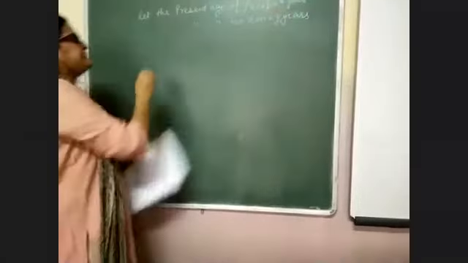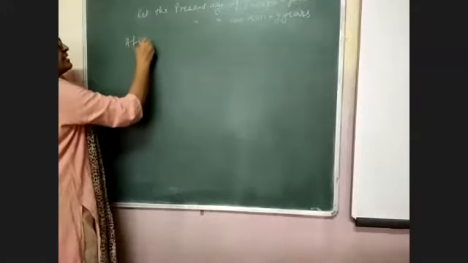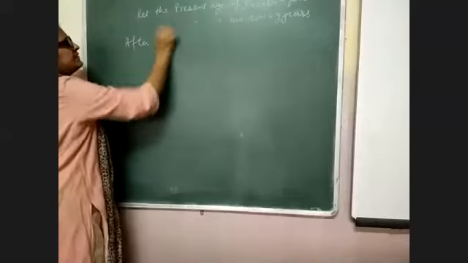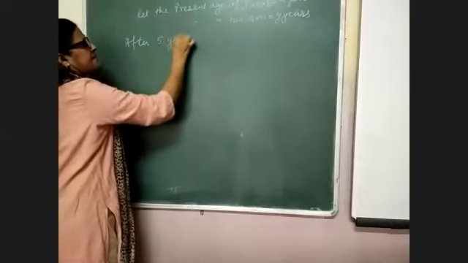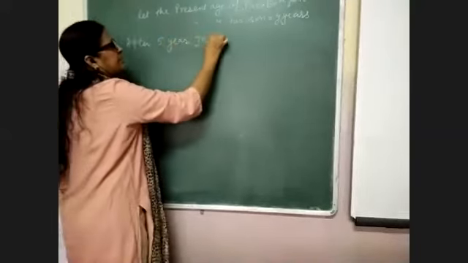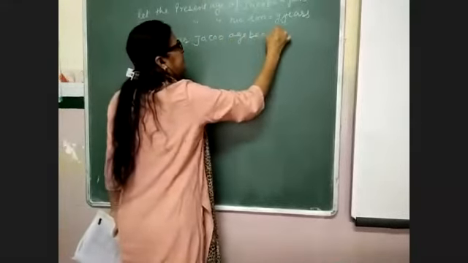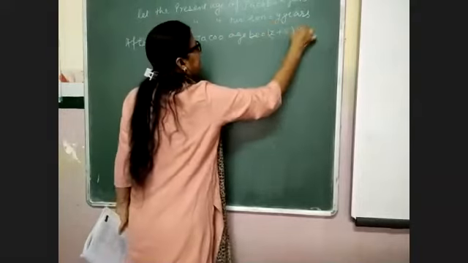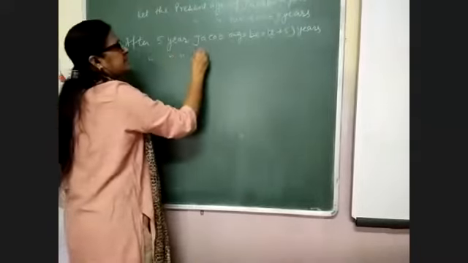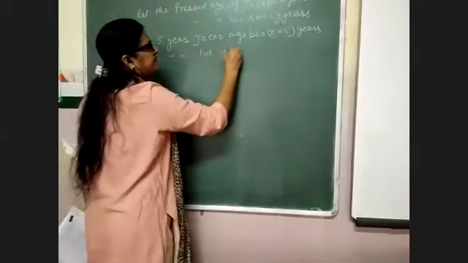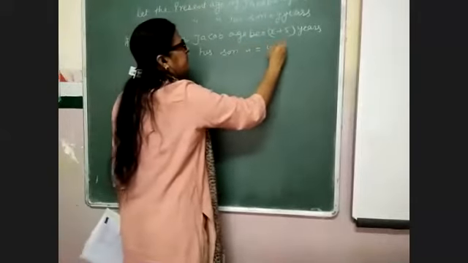After 5 years, Jacob's age will be x plus 5 years, and after 5 years, his son's age will be y plus 5 years.